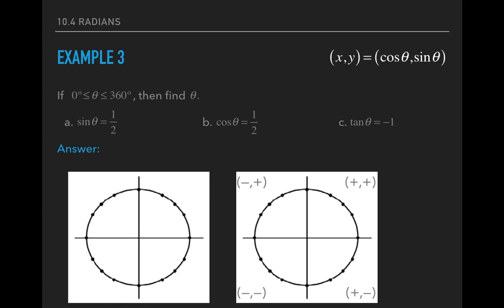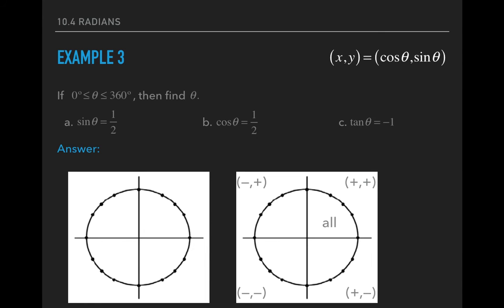Now what about tangent? Because I'm already anticipating that we're going to see tangent of an angle. Well, tangent, again, is the ratio of sine over cosine. So tangent is positive in the first quadrant, and tangent is positive in the third because negative divided by negative is positive. So here's how I remember this.